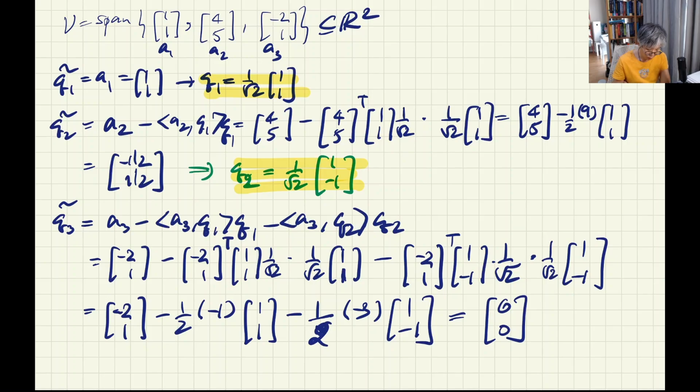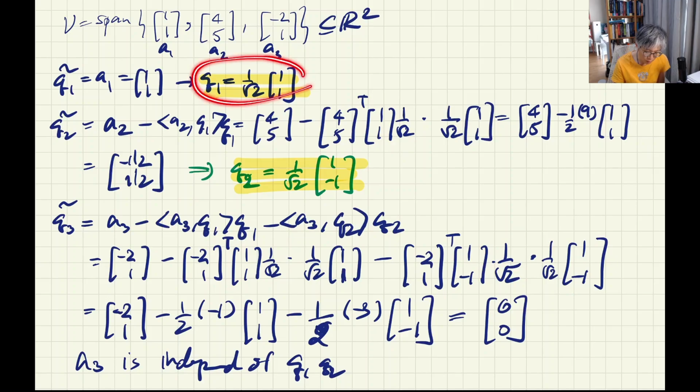Therefore, A3 is dependent on Q1 and Q2. Then to select the orthonormal vectors out of Gram-Schmidt, you select only the non-zero Q1 and Q2.